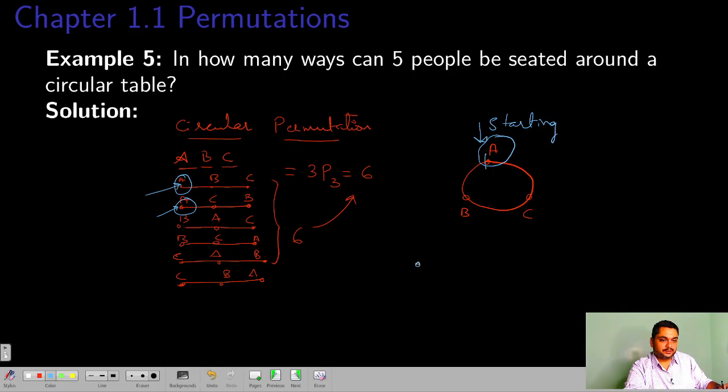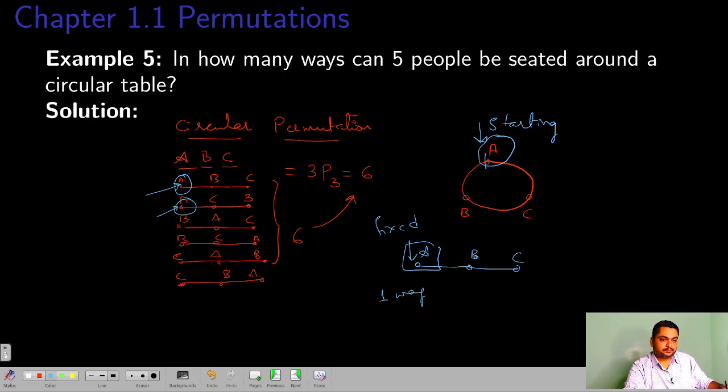Starting with A, if I split this, it will become like this, right? But I have fixed this position. Once I fix this position, this can be done in only one way.